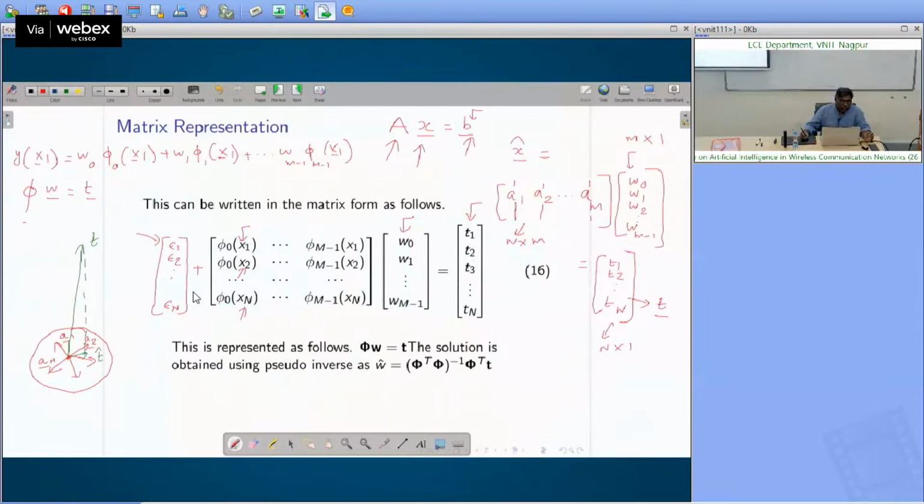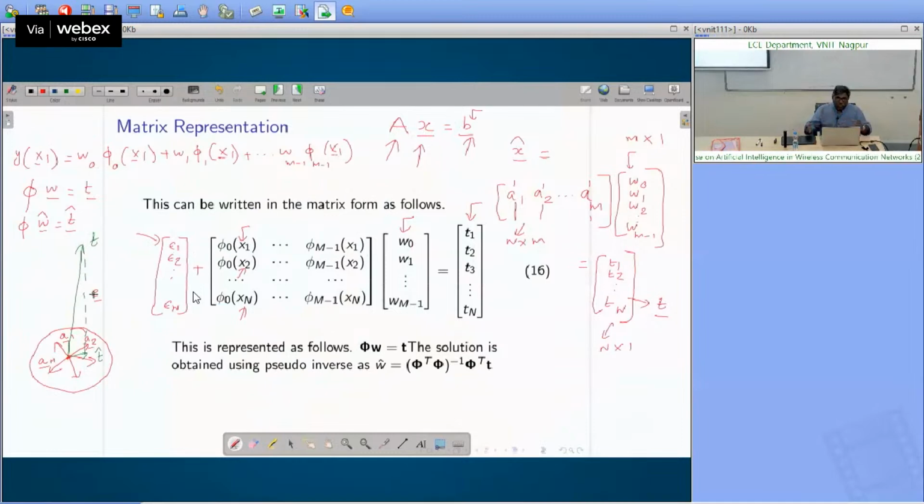So what I'm going to do here is reformulate it like this. You project the vector T to the column space of A, so that a solution exists and I can get my W cap. And this projection is going to be a perpendicular projection, because I want the error vector, T minus T cap, to be as small as possible.